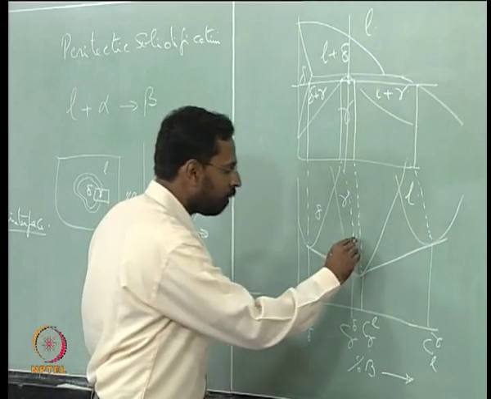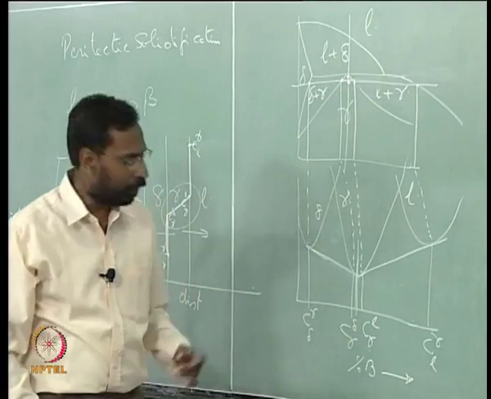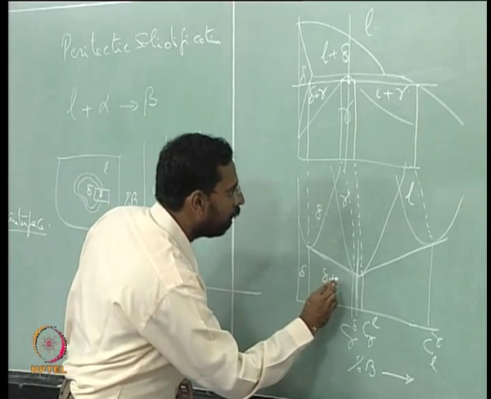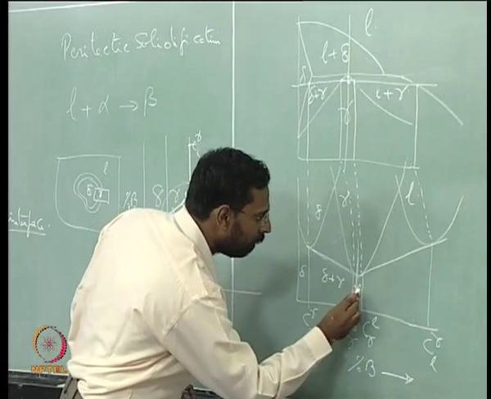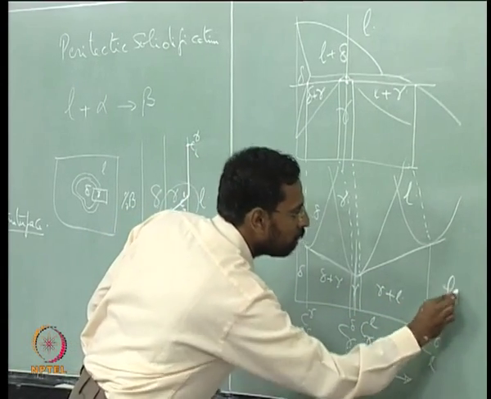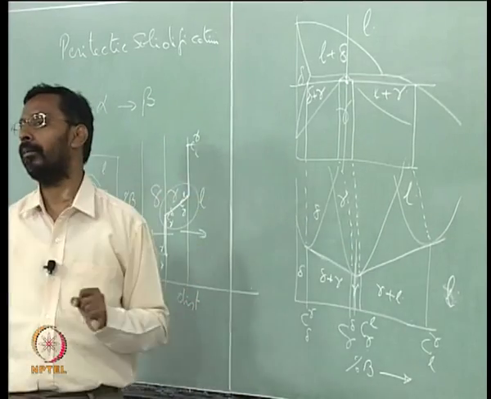My alloy composition is somewhere here, I am choosing the alloy composition this, and if I carefully observe, this is the delta phase, this is the delta plus gamma phase, this is the gamma phase, this is gamma plus liquid, and this is the liquid phase. Am I right? And my alloy composition is falling within the gamma.